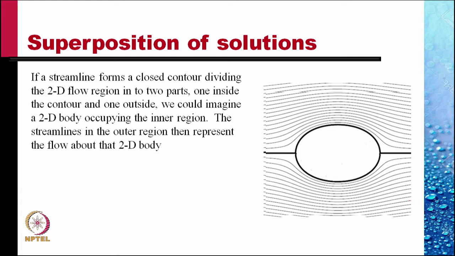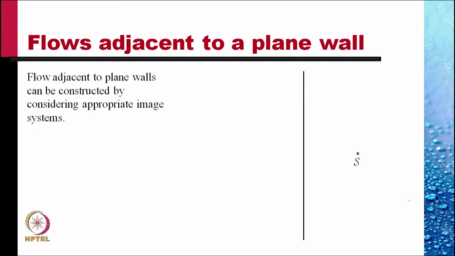Thus, the internal portion of this could be replaced by a body, and then the same stream function and potential function represents the flow about this body. These are the principles that we use in generating flows through superposition. If we have flow adjacent to plane walls, then these can be constructed by considering an appropriate image system.